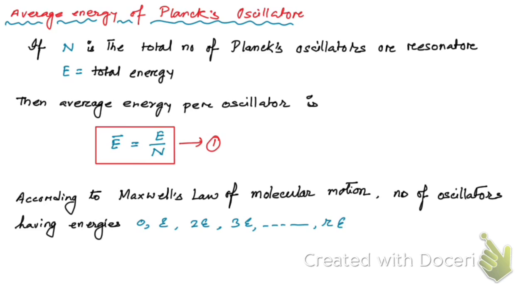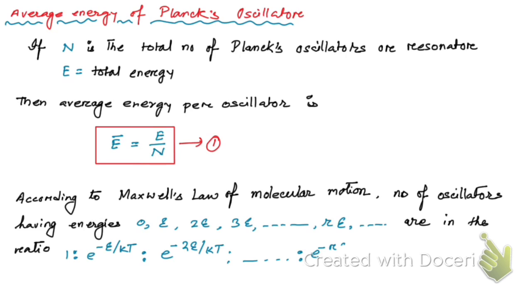These numbers of oscillators having these energies are in the ratio 1 is to e to the power minus epsilon by kT is to e to the power minus 2 epsilon by kT, and so on. Hope you have understood this.